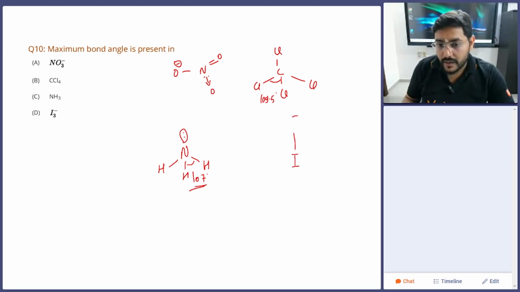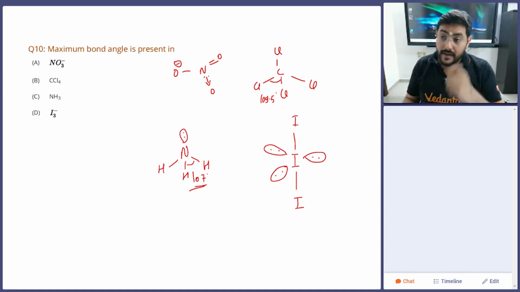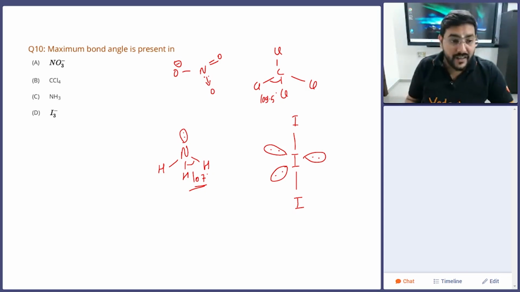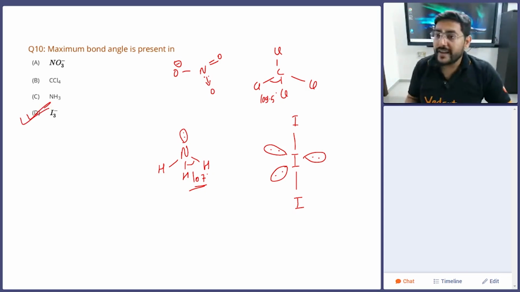Here basically I and I, and 3 lone pairs on the equatorial position. So can I say that the bond angle is going to be maximum at I3 minus, yes or no? 180 degrees there. So the right answer is I3 minus, where the bond angle is 180 degrees.